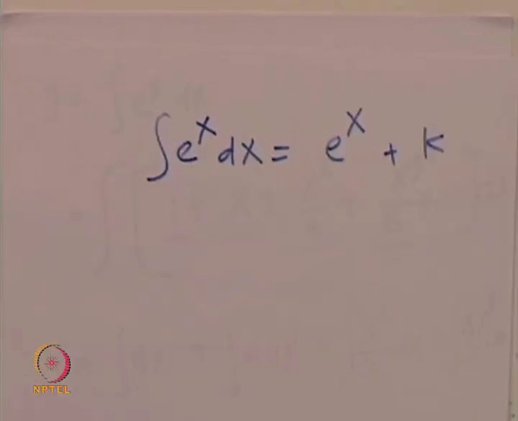Some constant, it is like c, some number. It could be any number, plus 1, 23, minus 23, 100, any number depending on the k. You can put any arbitrary number, and you know the derivative of this is this. So, the derivative of e power x is e power x itself, and the integral of e power x is e power x itself.